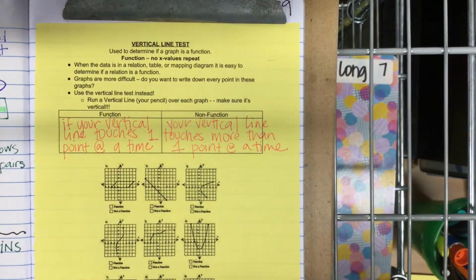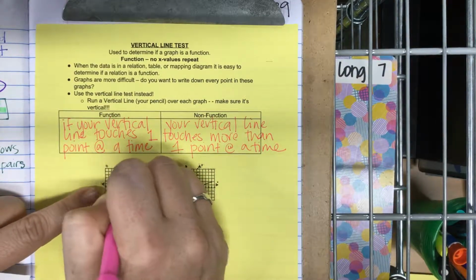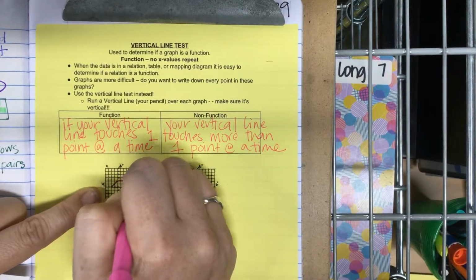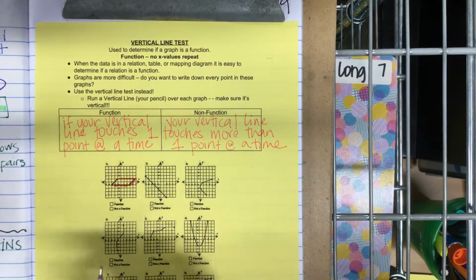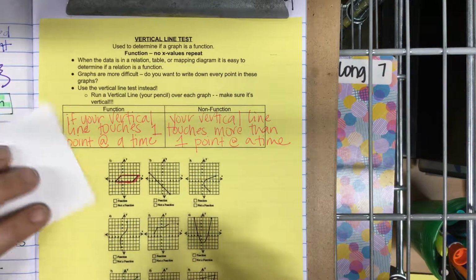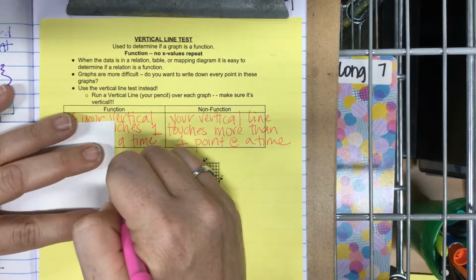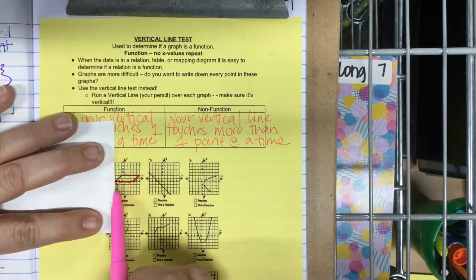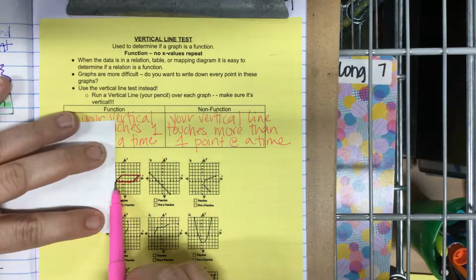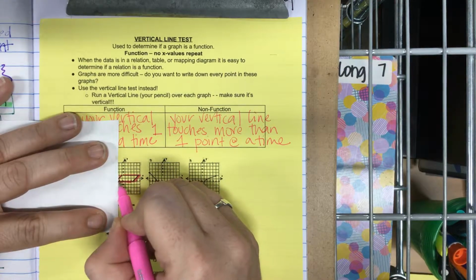All right, so here we go. Sometimes these are hard to see, so I'm going to go over it in pink just so you can really see what we're looking for. All right, here's my vertical line. And right here, I'm touching 1 point of that graph, correct? 1 point, so I'm okay. But when I move to the next tick mark, what happens? I'm touching 2 spots. 2 spots.